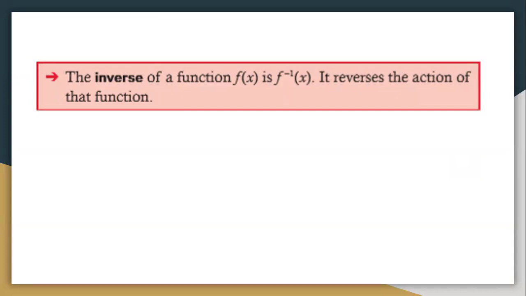Waswa? Teacher, for me, I think inverse is a reversible change that enables you to obtain the original substance. Okay, perfect. Then lastly, Okilia.